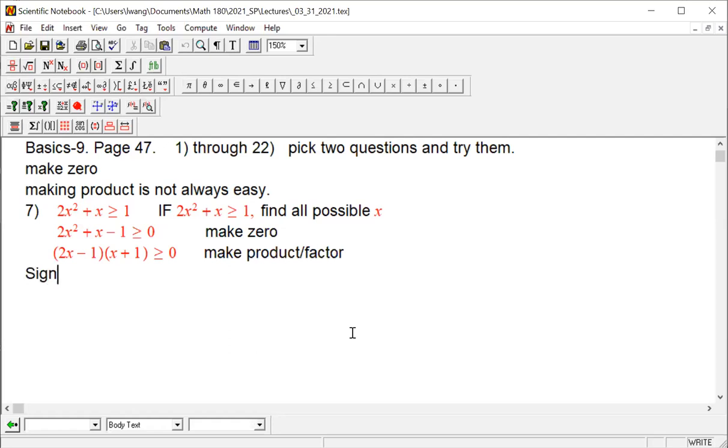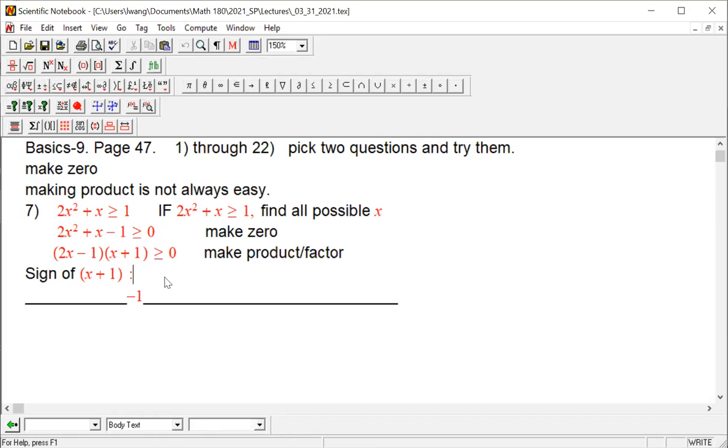If we work with the sign, we will look at these 2 signs, the sign of x plus 1. We have a number line. Where does x plus 1 change its sign? At -1. Wonderful.